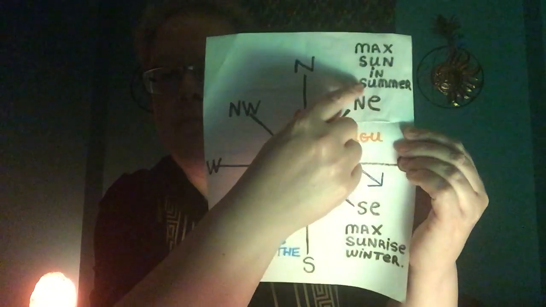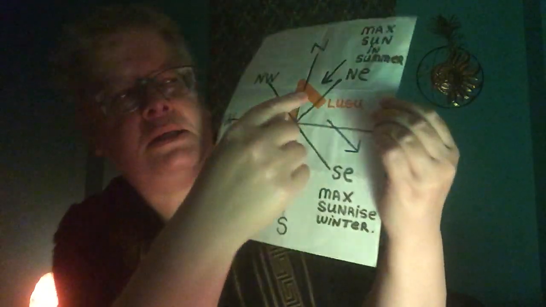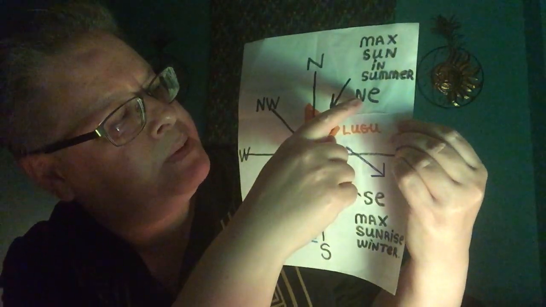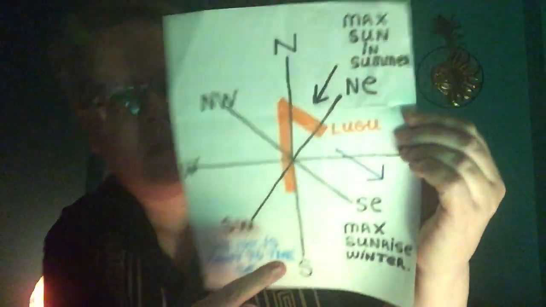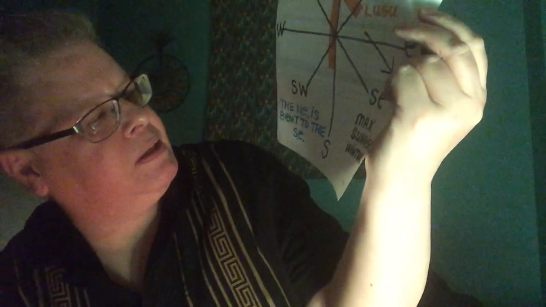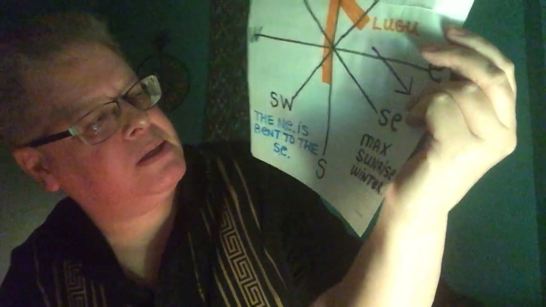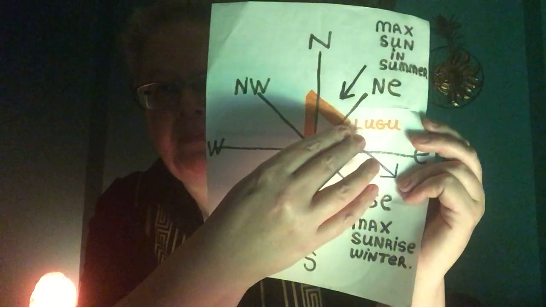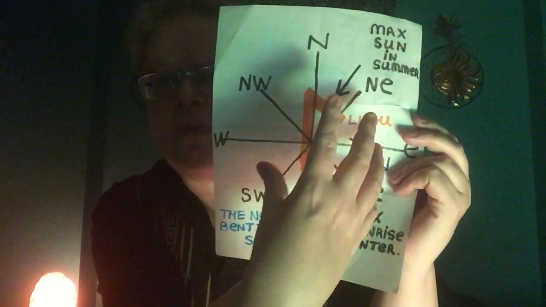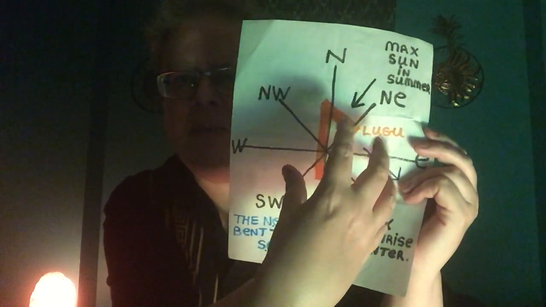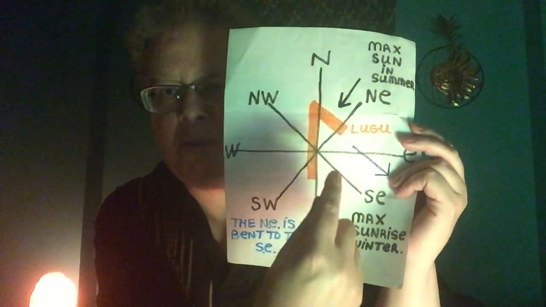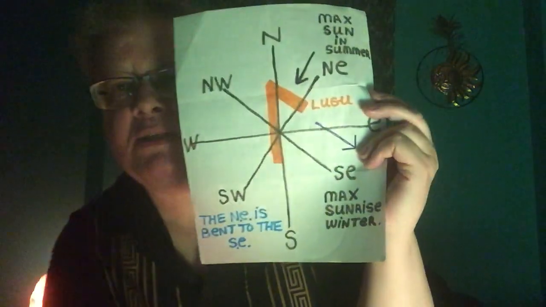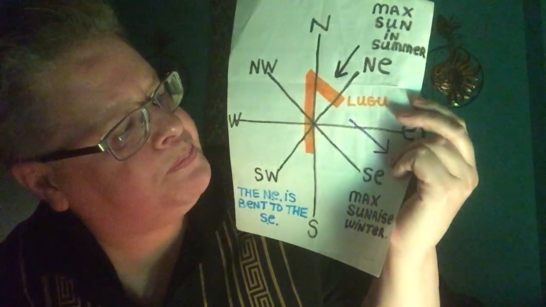And here appears the minimum sunrise of summer. Okay, so the forces of the northeast, they bend into the southeast. It's bent. And so the forces of the directions are forged into the symbol. And that's the best way to explain that form.